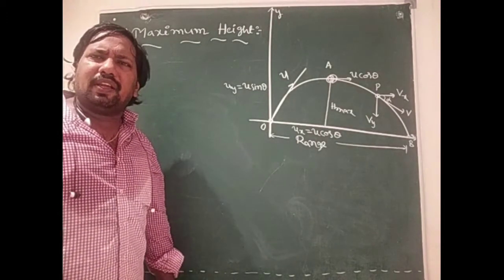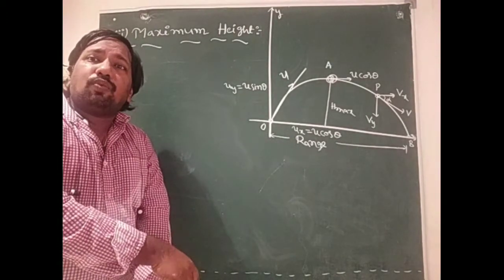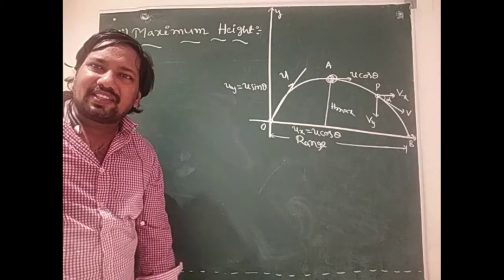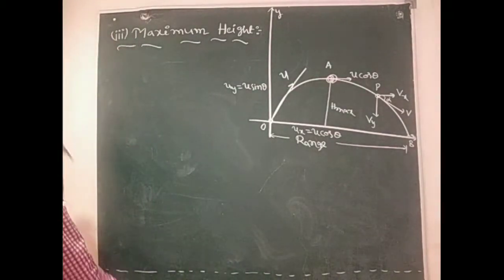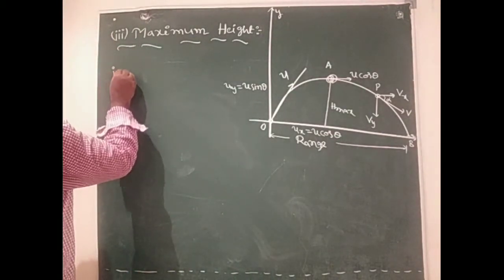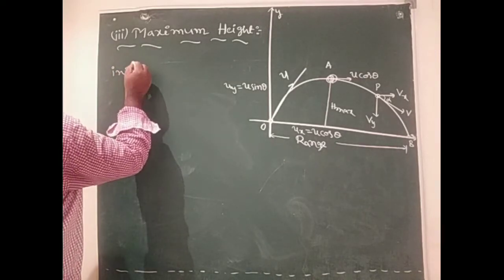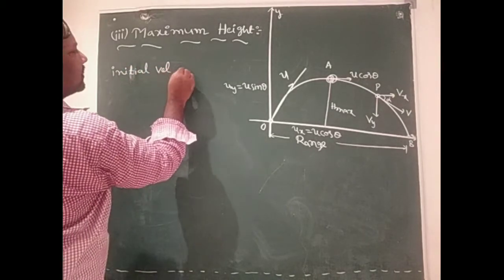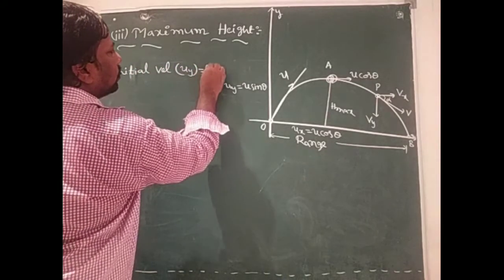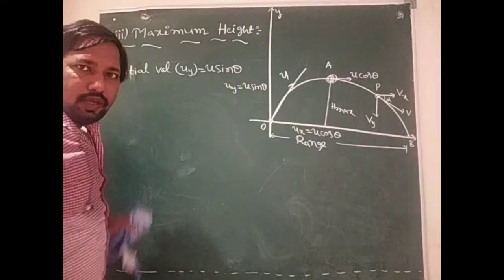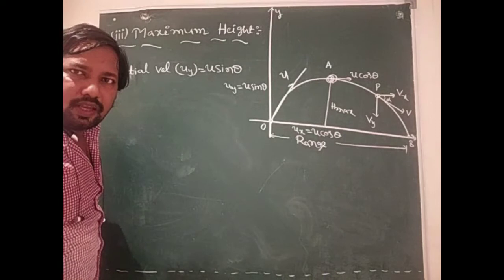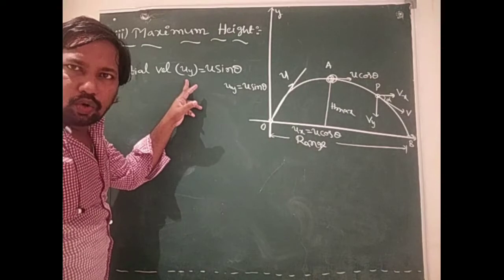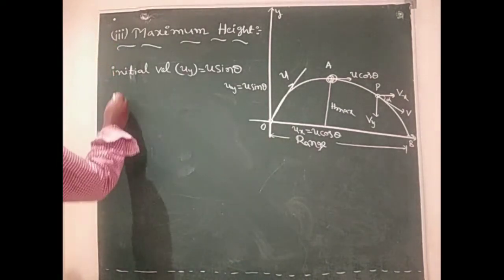Maximum height is defined as the maximum vertical distance covered by the projectile. So now in this case initial velocity u_y equal to u sin theta, because vertical direction means along y axis, so the vertical component is taken.